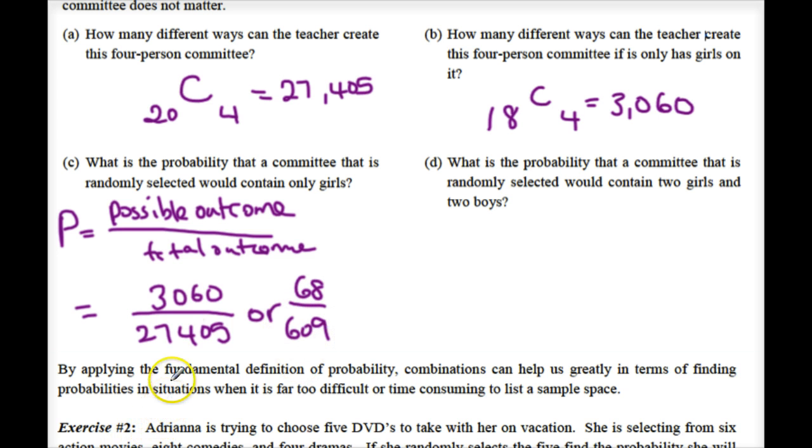Now the last one says, what is the probability that a committee that is randomly selected would contain 2 girls and 2 boys? So 2 girls and 2 boys. Remember, we talked about "and" earlier means to multiply. So 2 girls would be 18 choose 2, times, how many boys did we have?